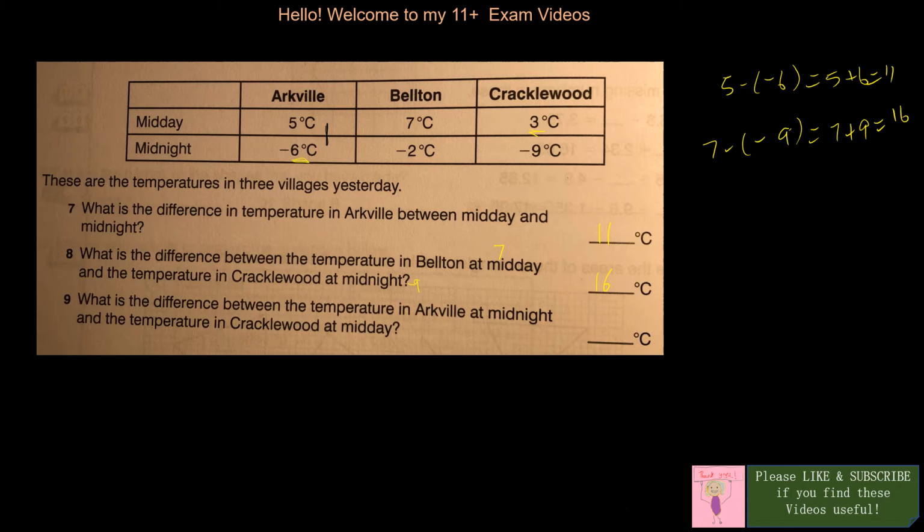So that's 3 plus 6, isn't it? 3 minus -6 is 9. Is that correct? 11, 16, 9. Yeah, that matches.